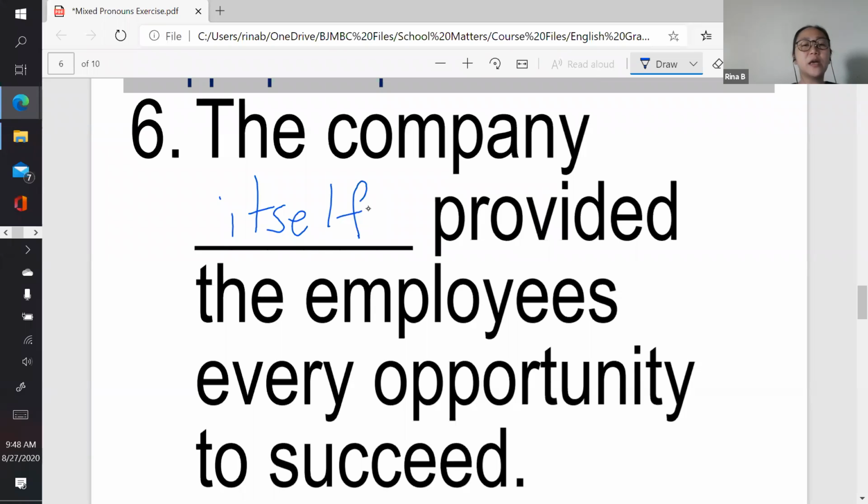Is this pronoun a reflexive pronoun or an intensive pronoun? Did the company provide itself?